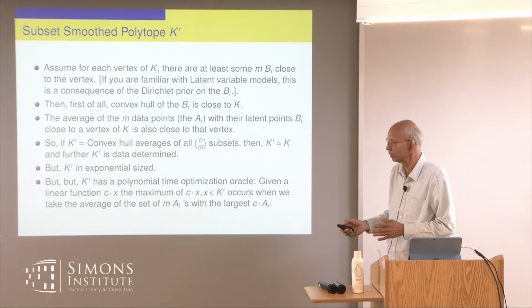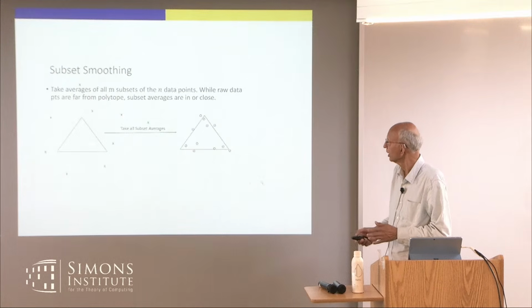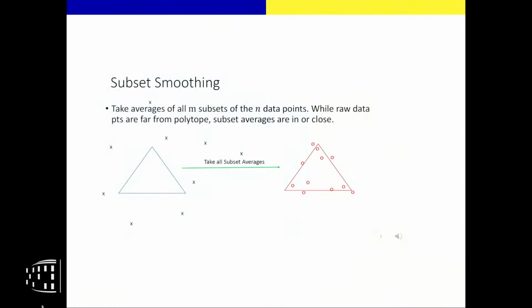That's an important tool to get a lot of algorithms. Before that, a picture. Here's the original triangle. Here are the points AI, far away from the triangle. Here I've taken averages of, I guess, 3 or 4. M is 3 or 4, I don't know what M is. But they're all pretty close, as the picture shows, just because the variance is reduced, that's all.